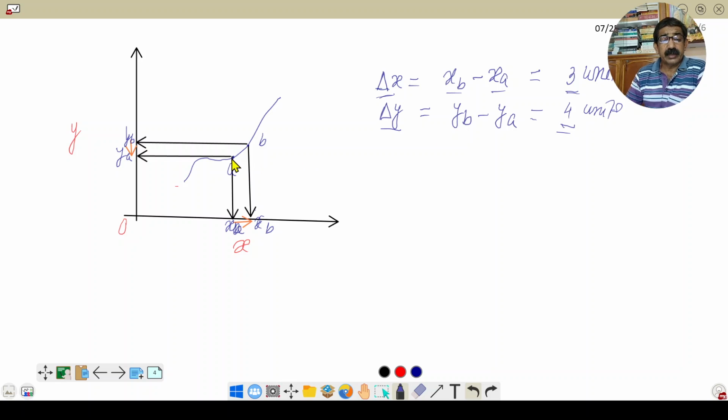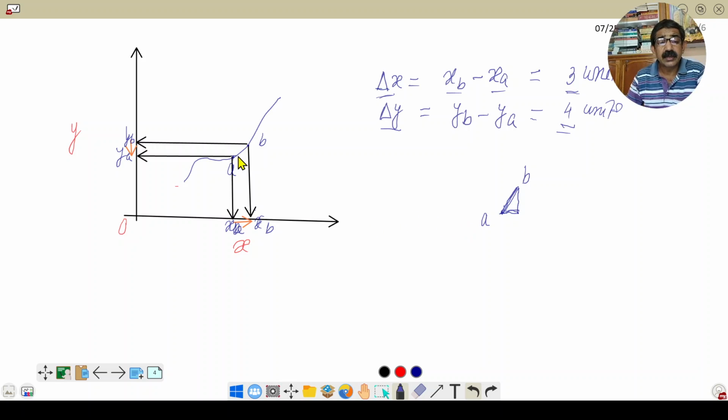Now we are drawing this picture again here. From A to B, this is A, this is B. From A to B, we have obtained two lengths.